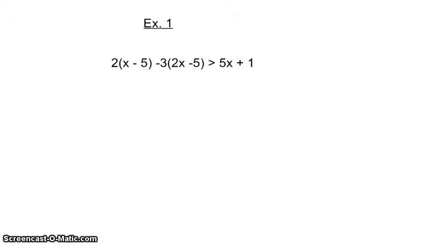On page 4, step number 2 says I need to get rid of the grouping symbols using the distributive property. So I'm going to distribute to remove the grouping symbols.